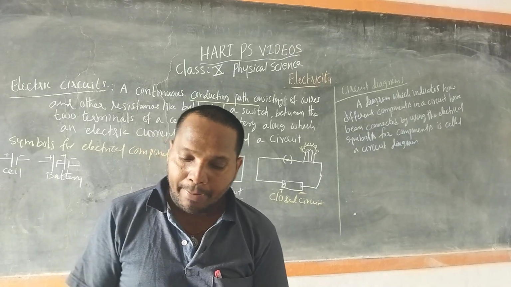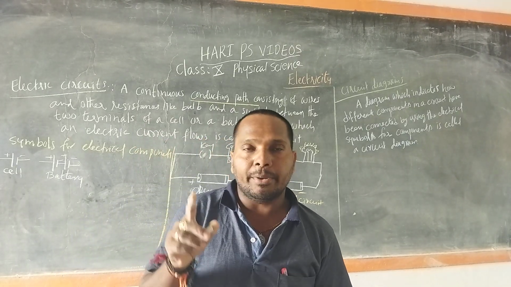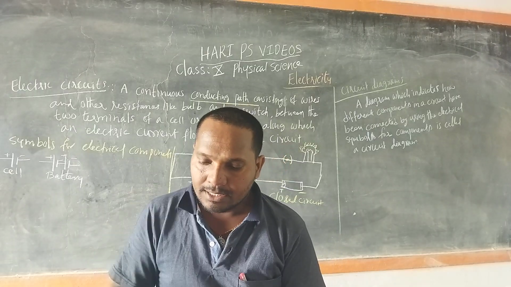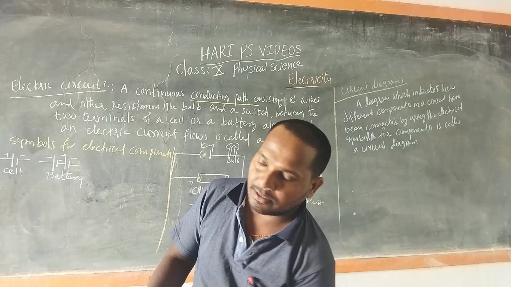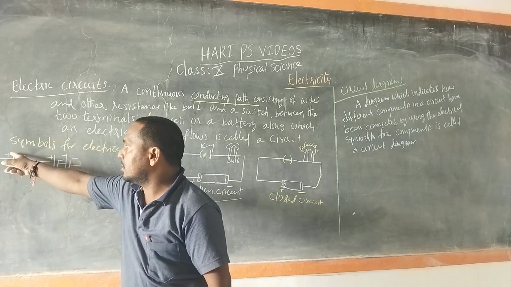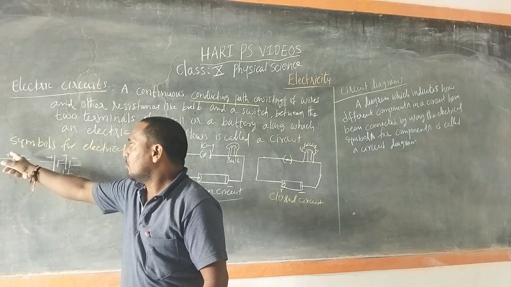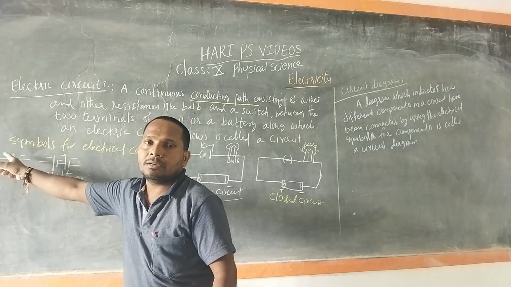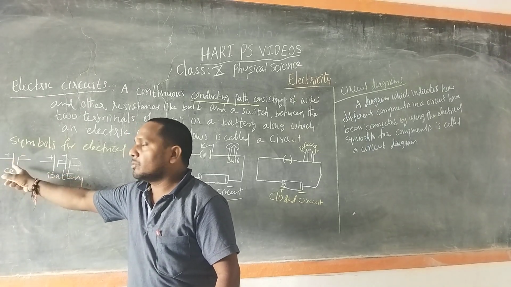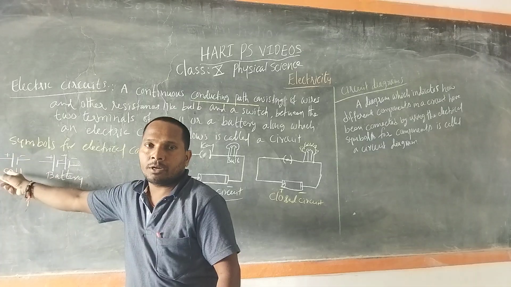The symbol for a single cell is one long vertical line and one short vertical line. The long vertical line represents the positive terminal, the short vertical line represents the negative terminal.